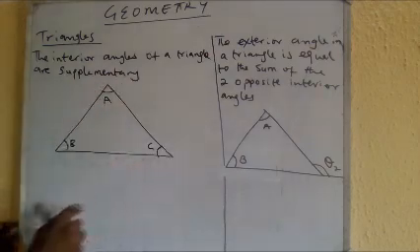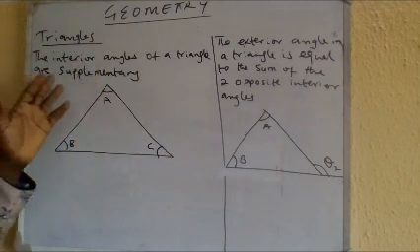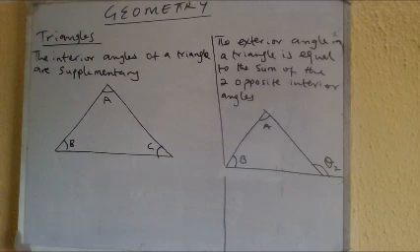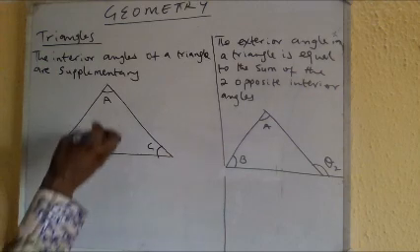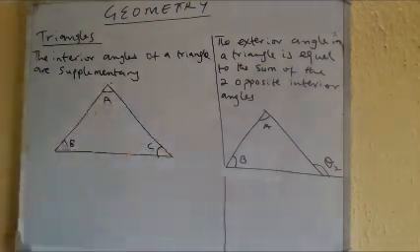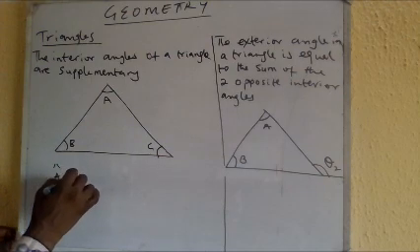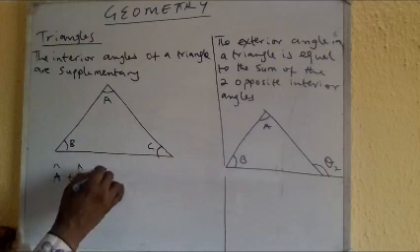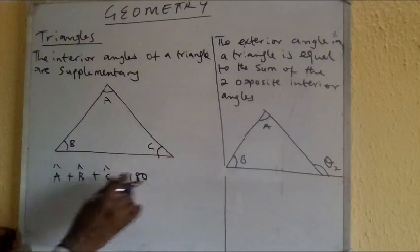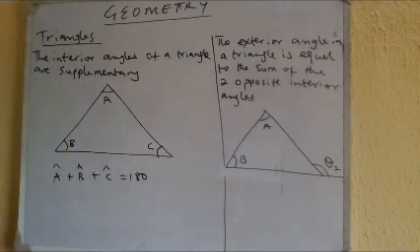The interior angles of a triangle are supplementary, meaning that if I add all the angles inside the triangle, I will get 180. This can be written as angle A plus angle B plus angle C is equal to 180. This is another theorem: the interior angles of a triangle are supplementary.